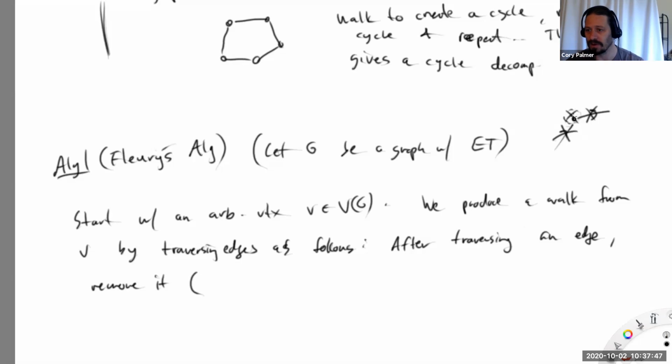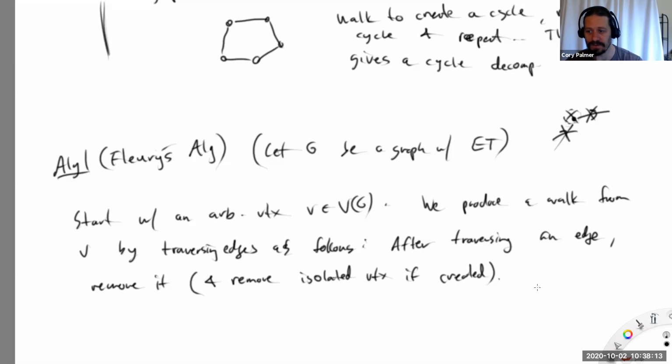All the edges on that vertex have been used up. There's nothing left there. So remove the isolated vertex if created. After I remove that edge, if it makes a vertex degree 0, throw it away as well, just so that the algorithm can work nicely.